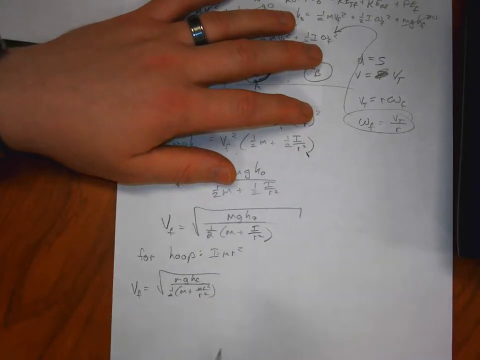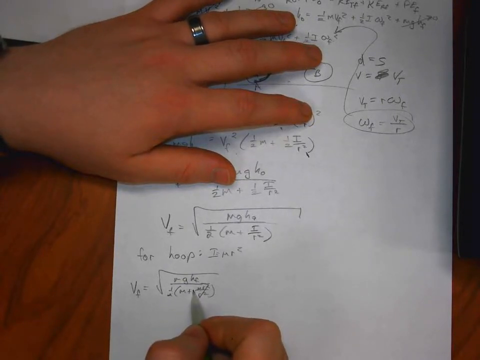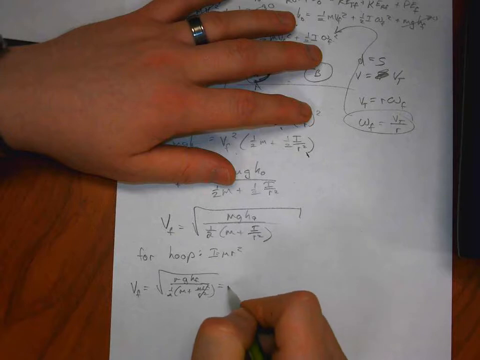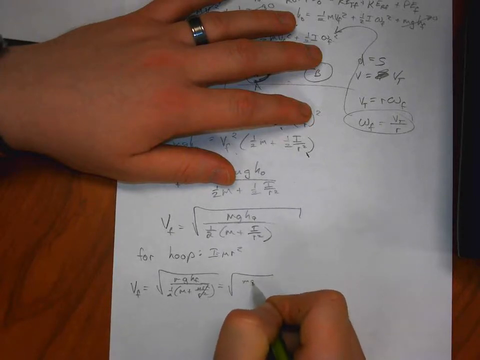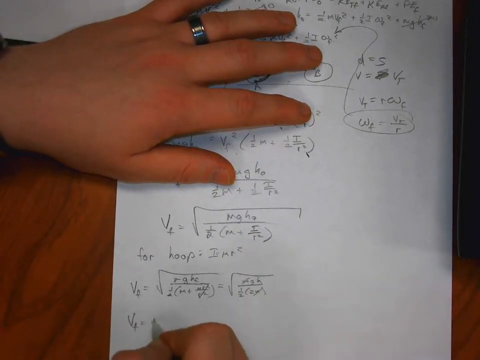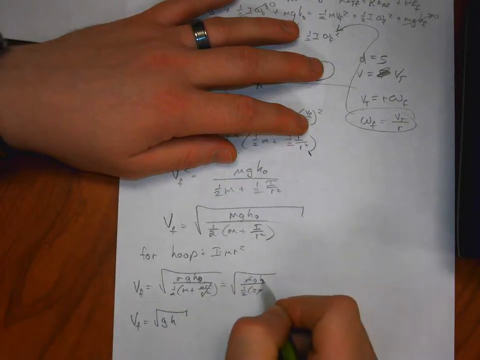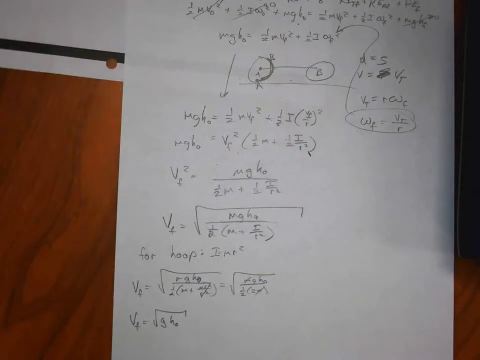So this simplifies nicely because these r squareds cancel out. M plus m is 2m times 1/2 is just m. And then, well, I'll carry it out. So that's mgh over 1/2 2m. 2 times 1/2 cancels, m over m. So Vf is just square root of gh, which is gh initial.